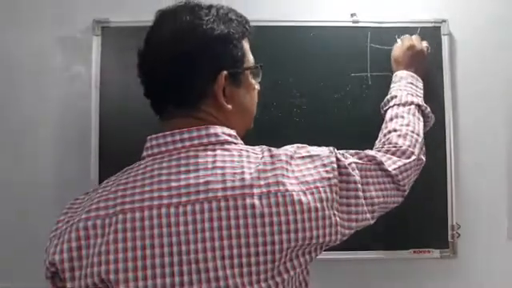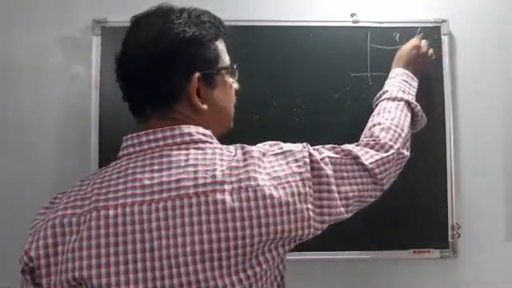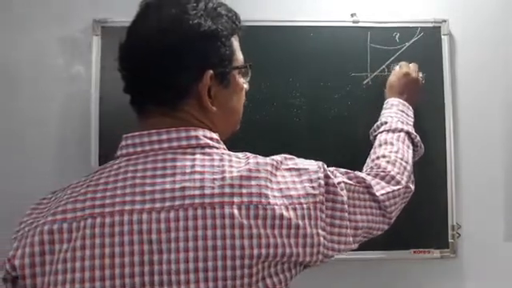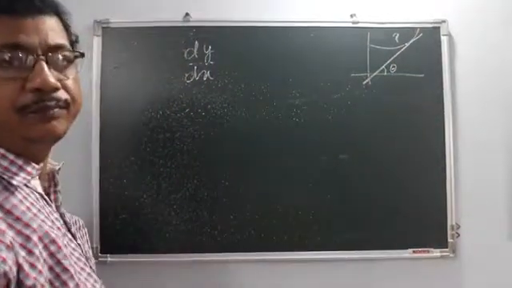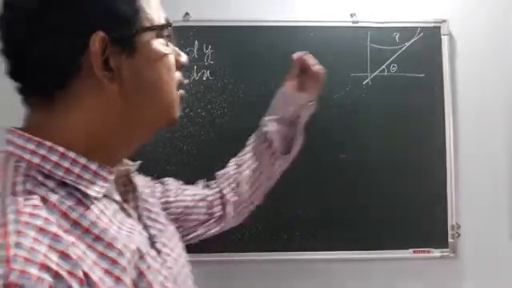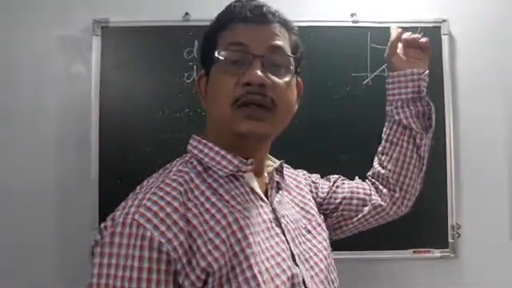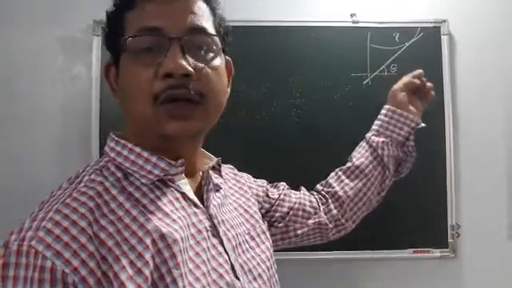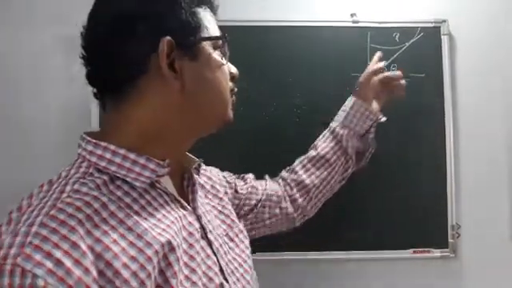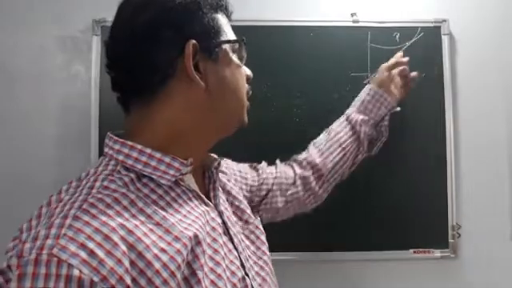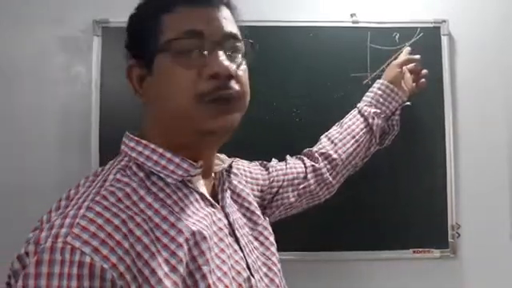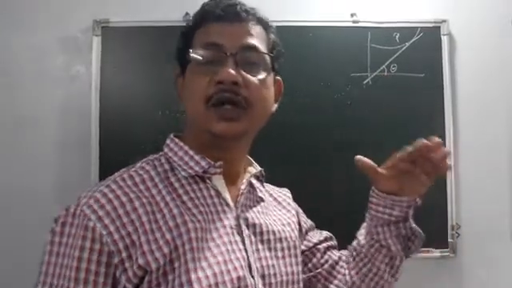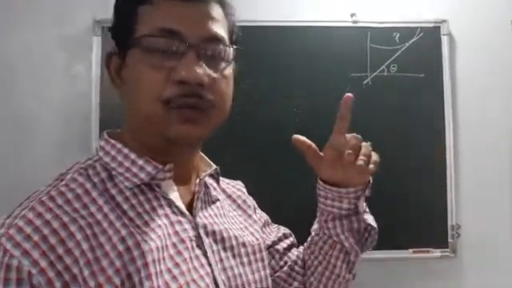In geometrical representation, suppose y is equal to f(x) is this. At that point, suppose P, if we want to calculate dy/dx, how do we calculate it geometrically? If we draw a tangent at that point P, we know a tangent is a straight line which touches the curve at a single point.